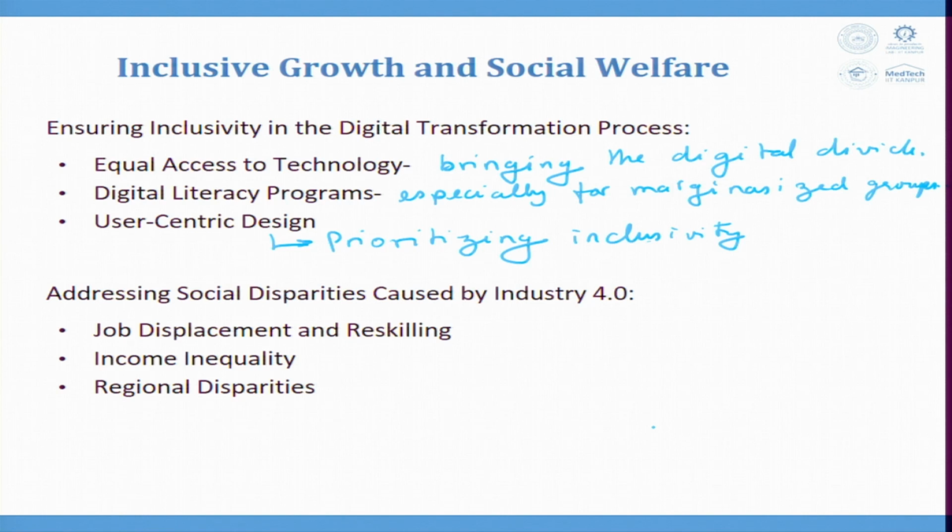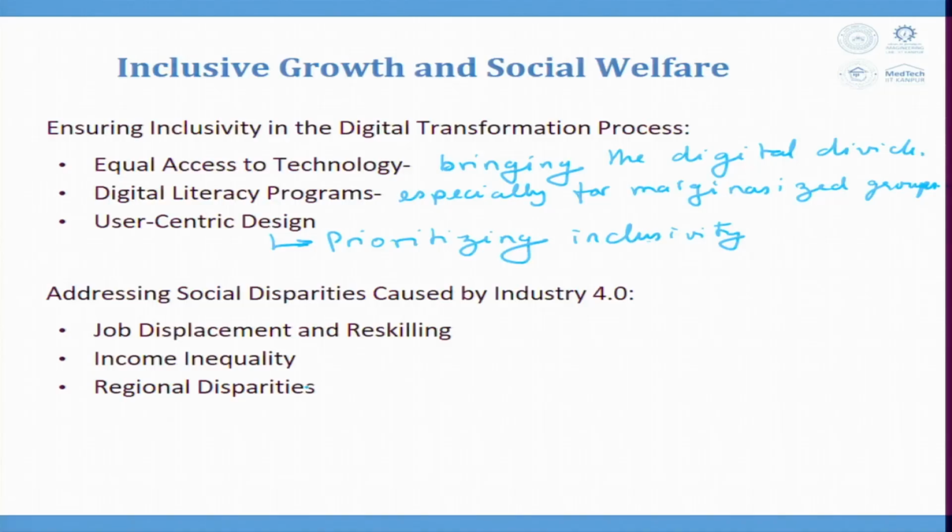So, addressing the social disparities caused by Industry 4.0, it is going to be job displacement and reskilling, income inequality and regional disparities. So, these are some of the things. Here, if you see, workers are affected by automation.